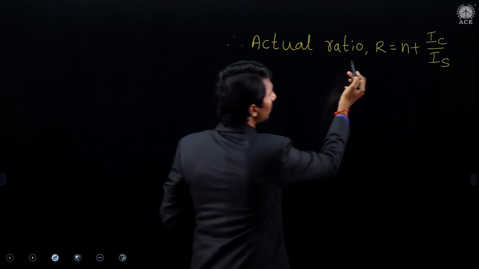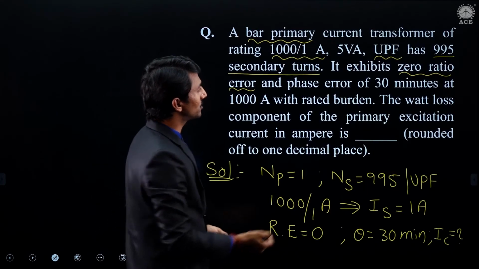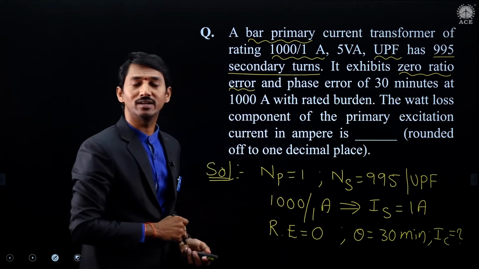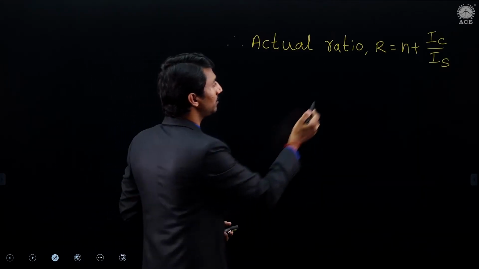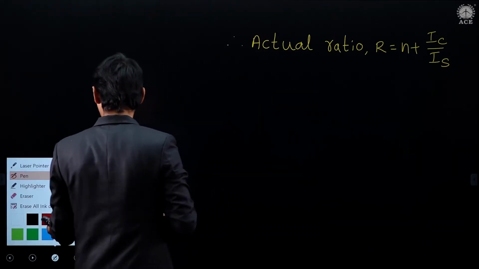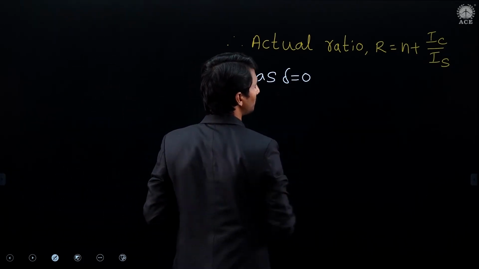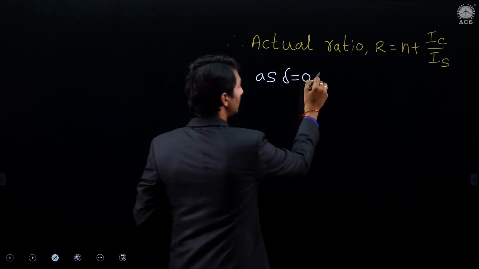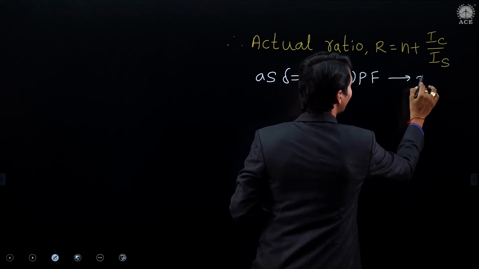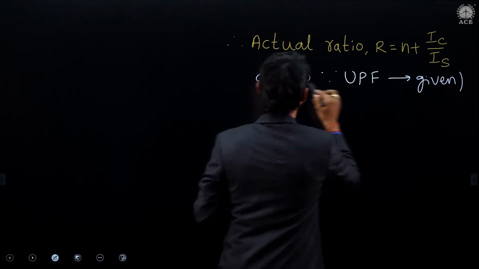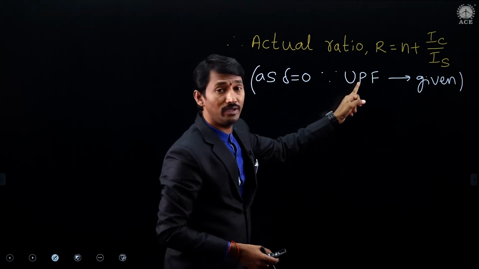Actually, the R formula is with respect to some delta value, no? Yes. But be clear, he has mentioned UPF conditions. What is the delta value? The secondary side angle is 0. So I am writing here that delta is 0, since UPF is given.